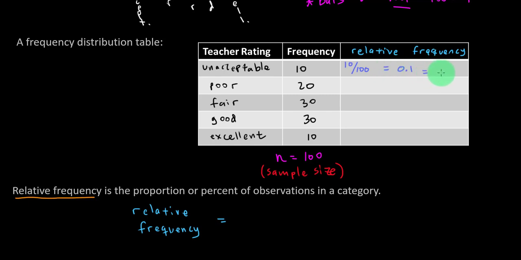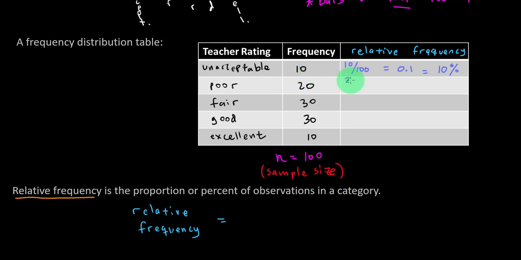If you prefer a percent symbol, make sure you know how percent works. Don't use percent if you don't know how it works. 10%. What proportion would be in the poor category? Well, wouldn't that be double the unacceptable?